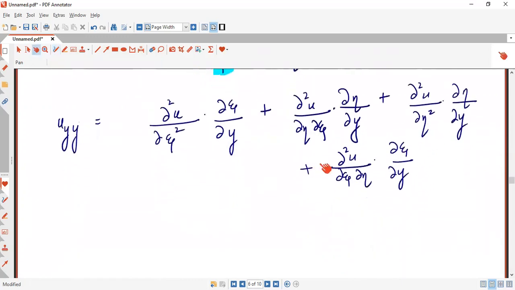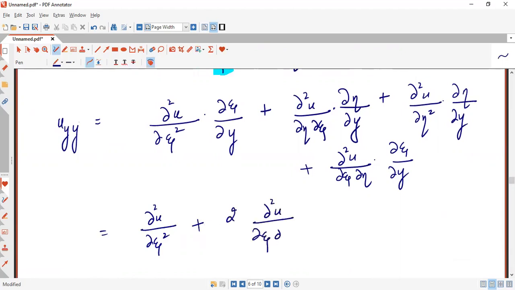I know ∂ξ/∂y and ∂η/∂y are positive 1. So it will become ∂²u/∂ξ² plus 2 ∂²u/∂ξ∂η plus ∂²u/∂η².